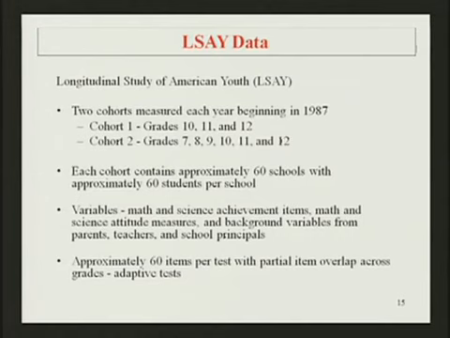So the data set is the Longitudinal Study of American Youth, and you can get your own CD from them, from the group somewhere in the Midwest. I can give you the details. It started off with two cohorts, and we're going to focus on cohort 2, covering grades 7 up to 12 in U.S. public schools. It is actually multi-level data, students within school.